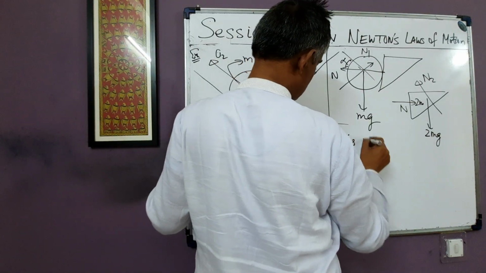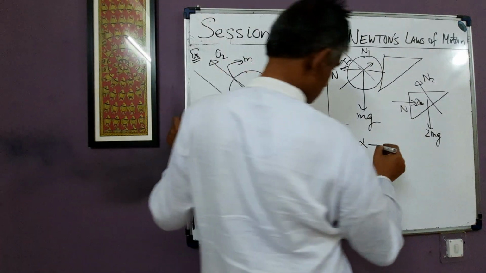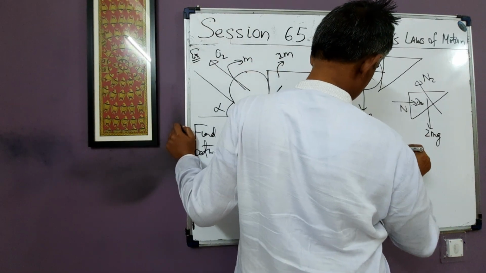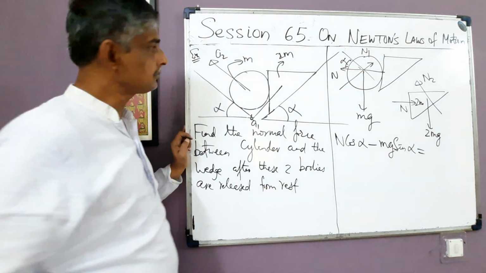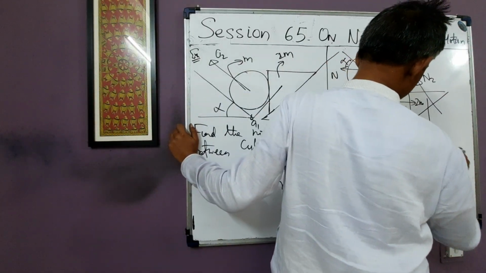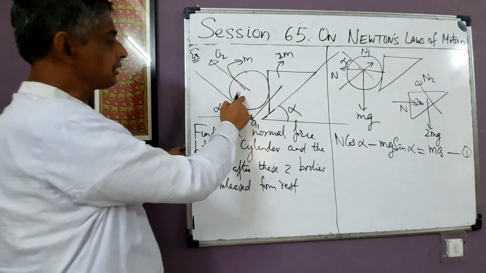N cos alpha minus mg sin alpha is equal to m times A2. This is the first equation. A2 is the acceleration of the cylinder with respect to the ground.